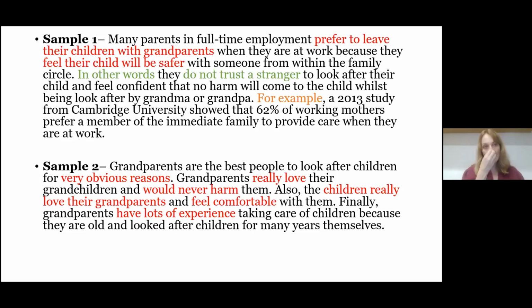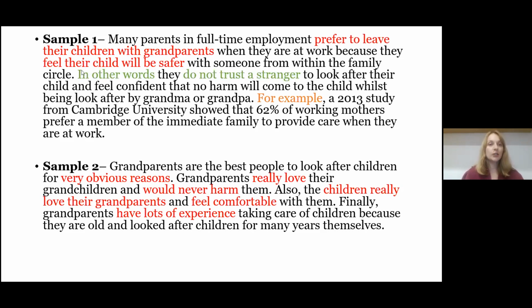So first of all, what happens in sample one? As you remember, we had this PEEL or maybe sandwich paragraph structure. So we started from the topic, yes, and we had the topic sentence. And we start from the claim that many parents, yes, in full-time employment especially, prefer to leave their children with grandparents when they work. Because why?